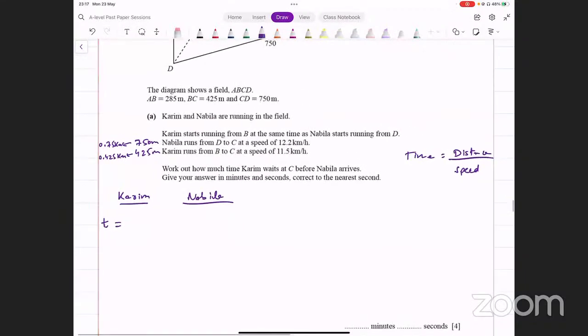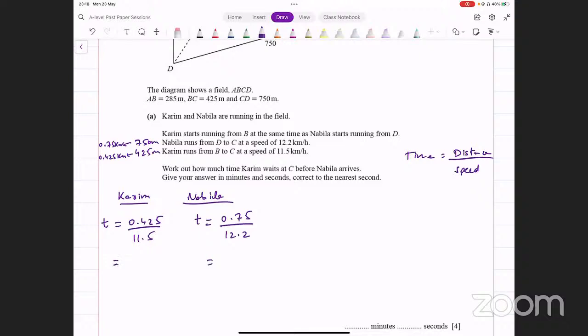Okay, so what's the time now? For Kareem, that's 0.425 divided by the speed of Kareem, that is 11.5. ये आपके पास यहाँ से time आ जाएगा इसका. Similarly for Nabila, we've got 0.75 divided by the speed, that is 12.2.